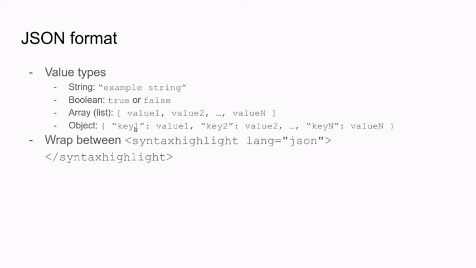So you have key 1, also between double quotation marks, colon, the value for that key. And again, this value can be any of the values supported. It can be a string, a Boolean, an array, or another object. And in this case, we have key 1, value 1, key 2, value 2, key n, value n, between curly braces, okay? This is generally how a JSON file is structured.